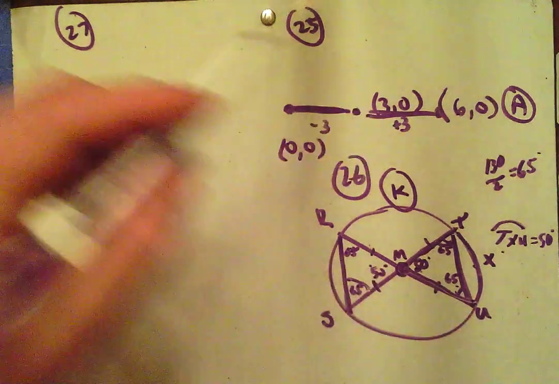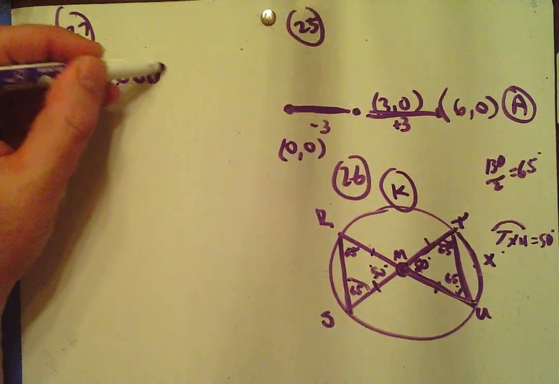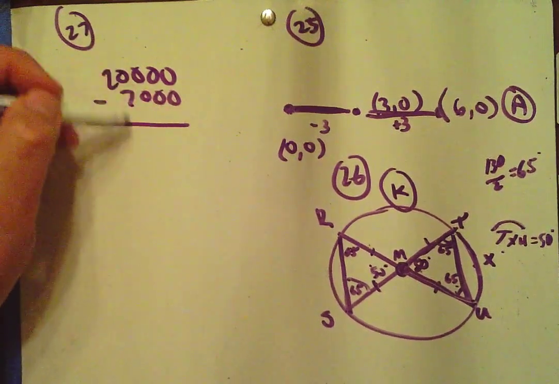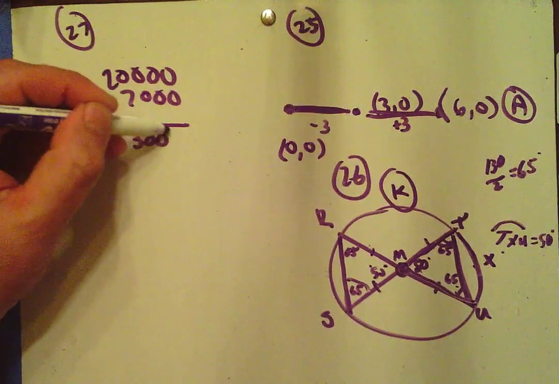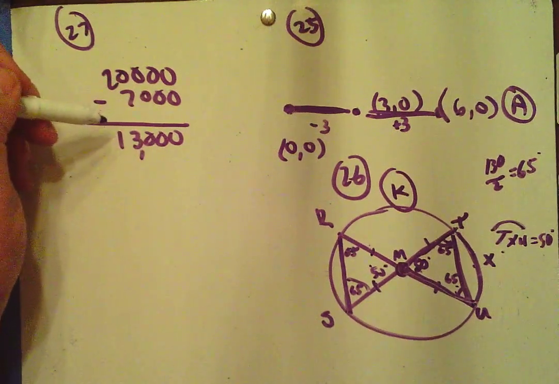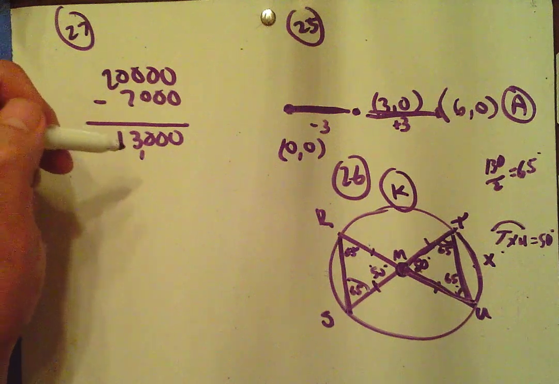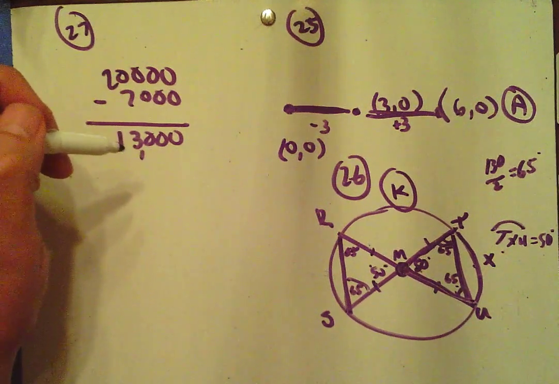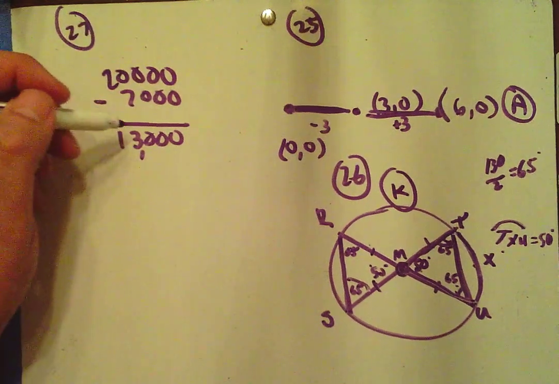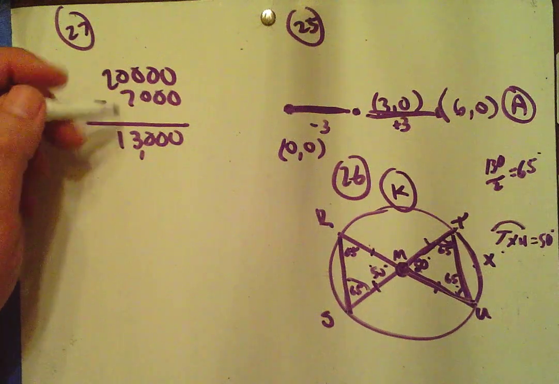Okay, so it seems like if he's going to sell a boat for 20,000, but it costs him 7,000 to make it, every boat that he sells, he's got $13,000 that can go towards paying that $10 million investment that he made.